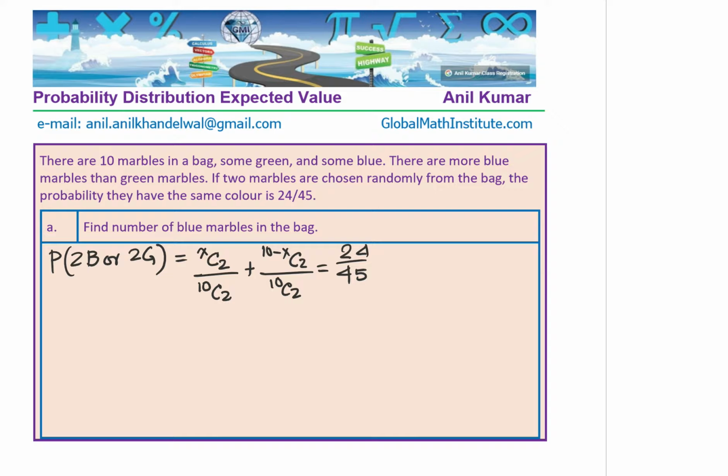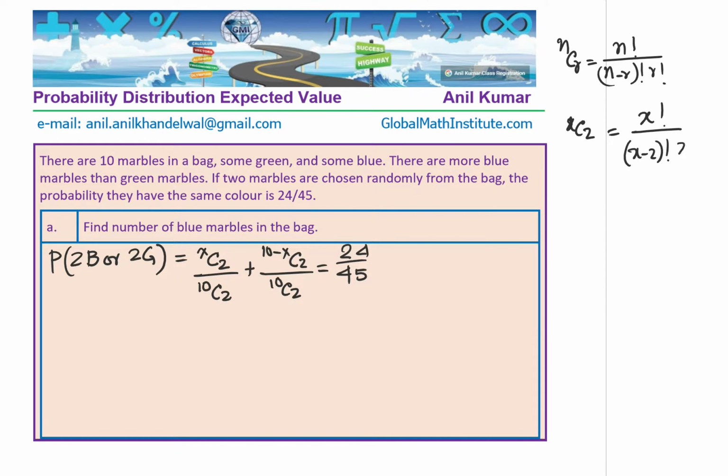Now, you should remember the formula of what nCr equals. Well, it is n factorial over n minus r factorial times r factorial. Correct? That is the formula. So if I have to calculate xC2, for example, then xC2 will be x factorial over x minus 2 factorial times 2 factorial.